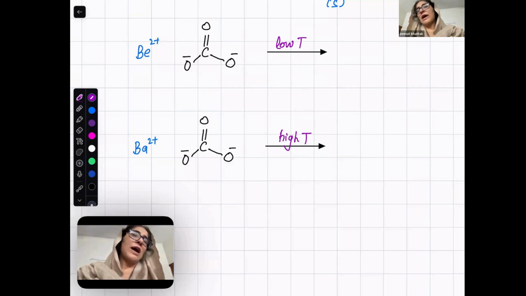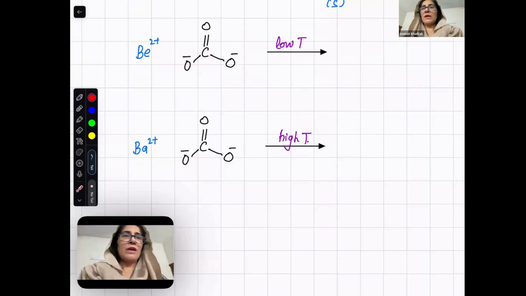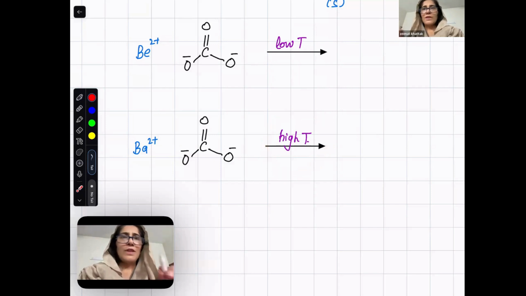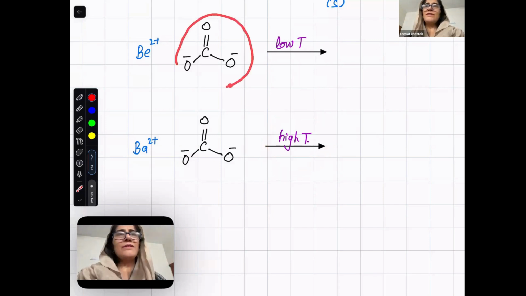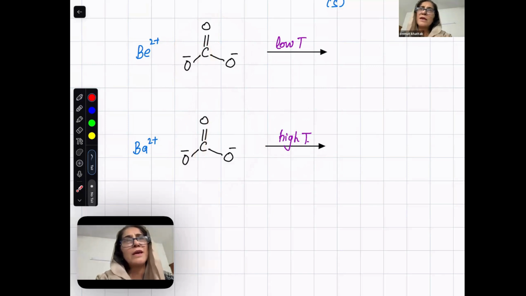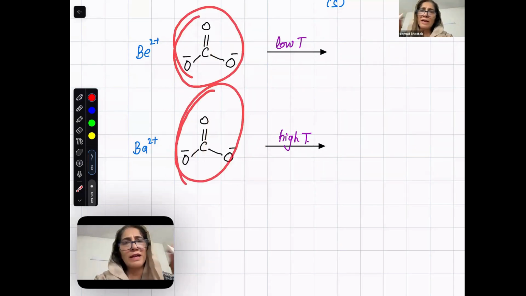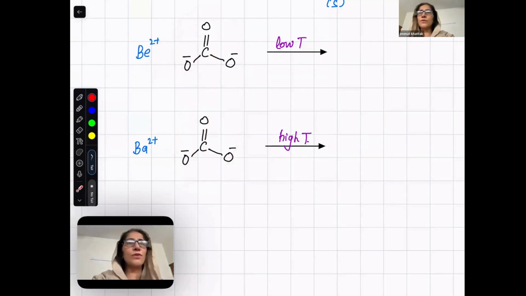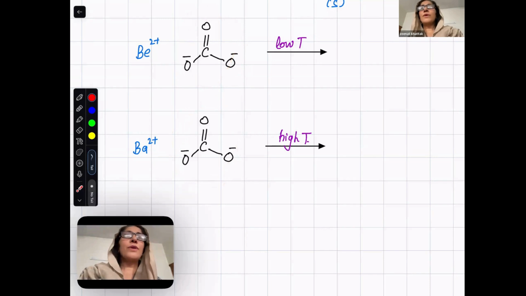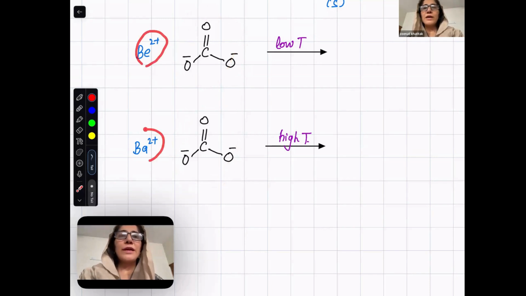This needs high temperature. This shows that this is more stable. Now, where is the difference? Is the carbonate different down the group? Just think. Is there any difference in the carbonate? No. The carbonates are 100% the same. What is the difference? In the cation.